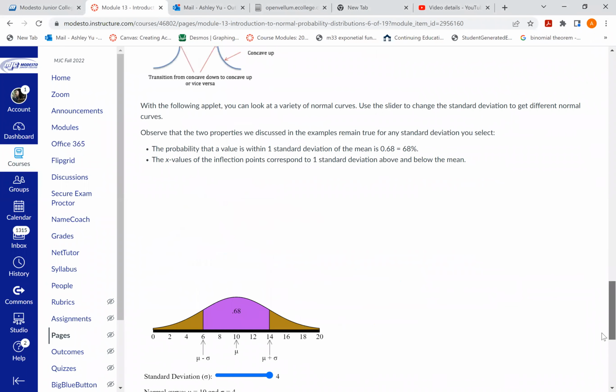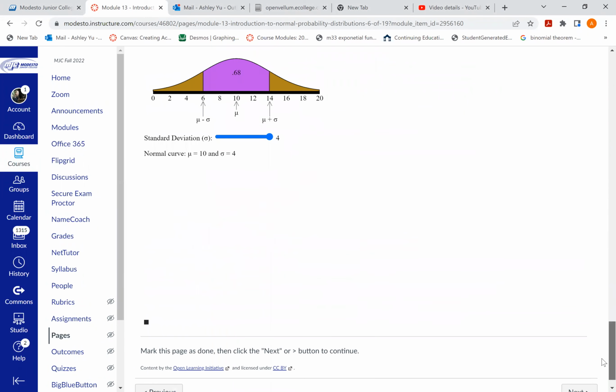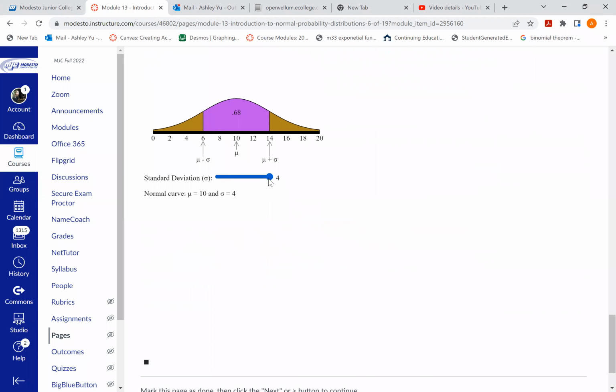So standard deviation is 4 in this case, but what if I make it smaller? As I make the standard deviation smaller, moving this little cursor, it still looks like the inflection point occurs where the color changes from yellowish-brownish to purplish.